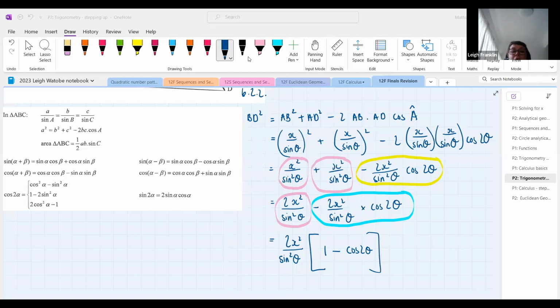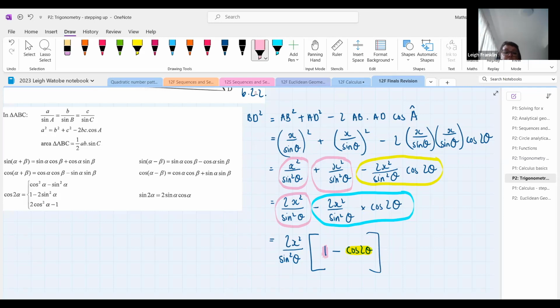Lovely, good. And now I want to pick something that is going to cancel out the 1. How can I cancel out the 1? Look at your formula sheet. How can I replace cos 2 theta so that this 1 is cancelled?